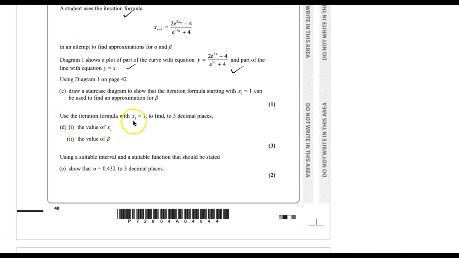Use iteration formula for x equals 1 to find the value of x2 and beta to 3 decimal places. Okay, for this one, let's quickly discuss the D part.